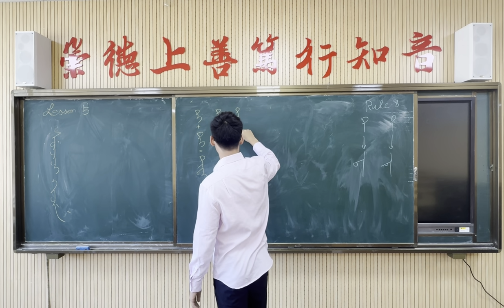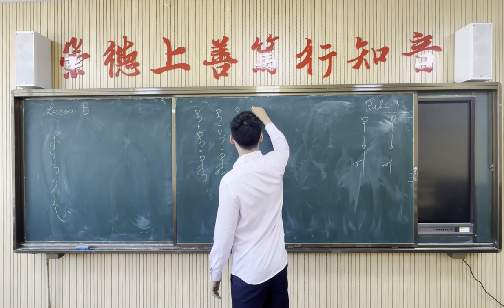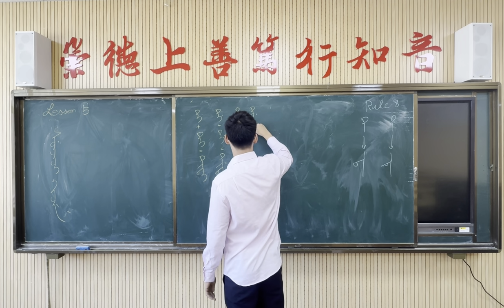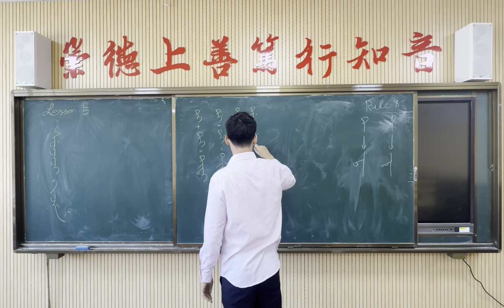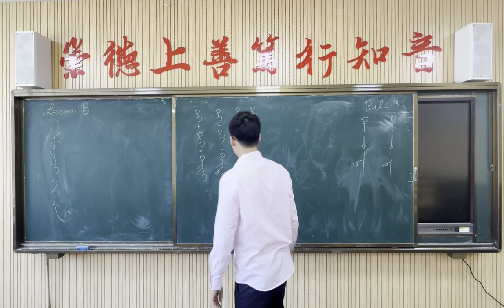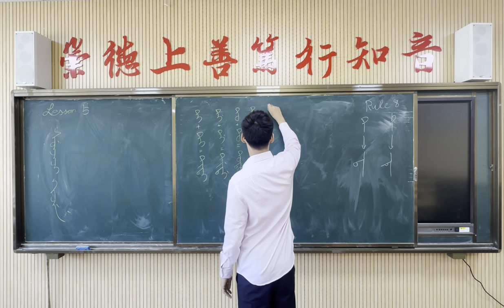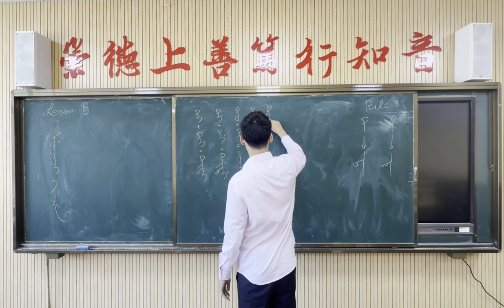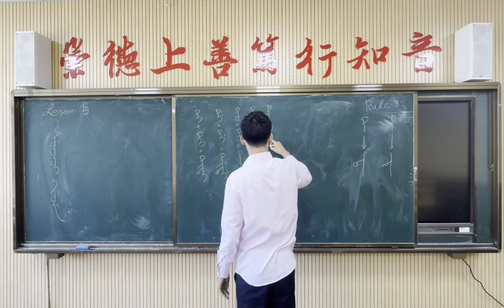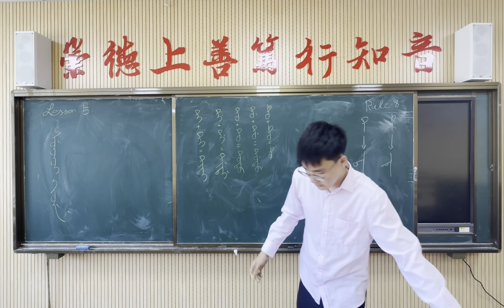Then we have to, right? To plus to equals to. Do plus do equals do. Two plus two equals two. Oh, oops.